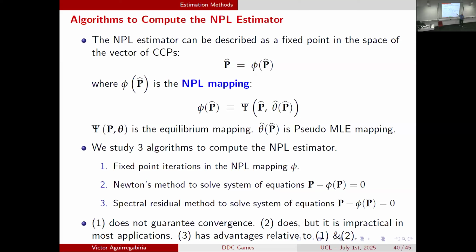And we are going to get the NPL estimator for sure with convergence. What is the problem of using Newton's method? That we need to use the Jacobian of this mapping phi. And this Jacobian is exactly what we wanted to avoid, okay? That's what MPEC needs and we don't need, okay? Newton guarantees convergence, but at a very high computational cost.